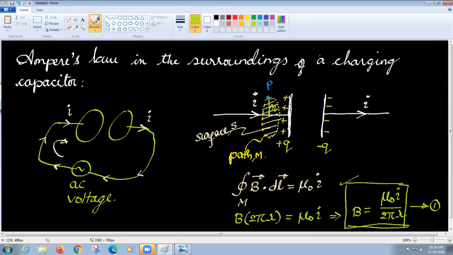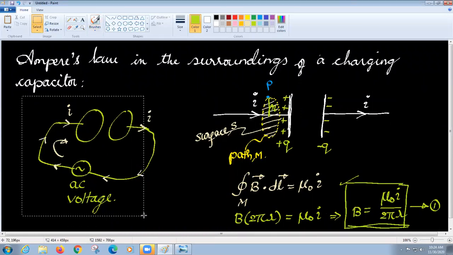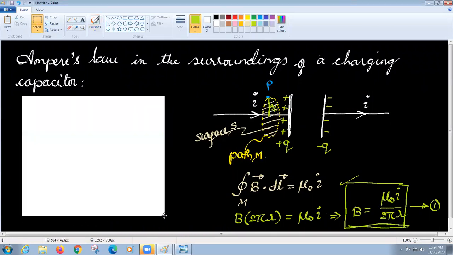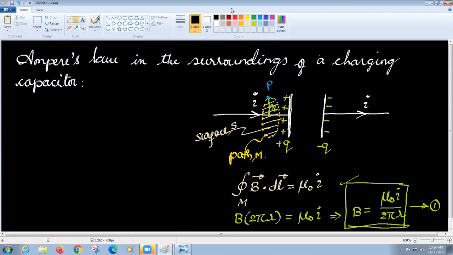Now we will take case 2. Case 2 is something like this.